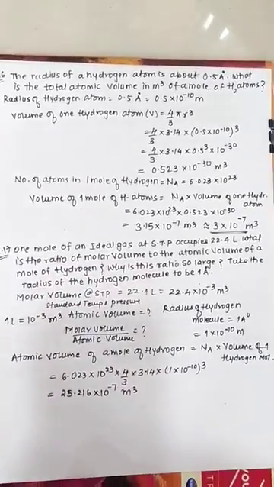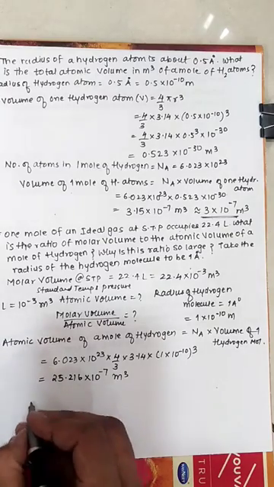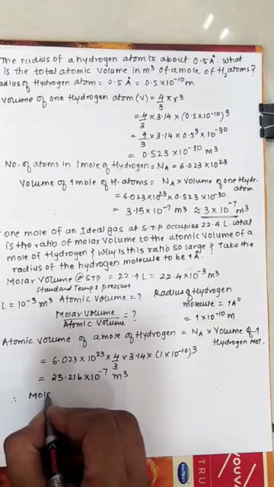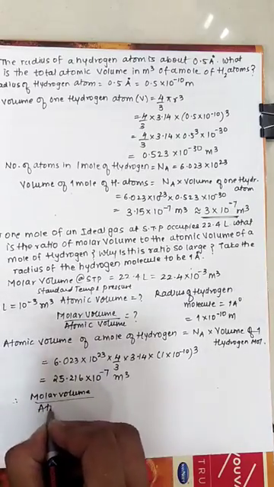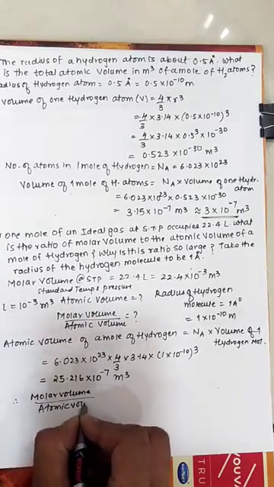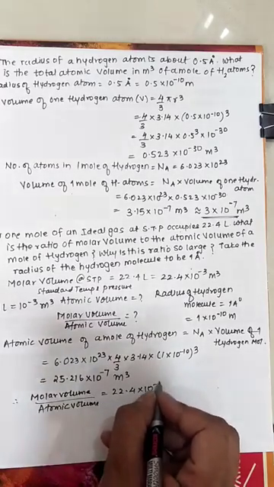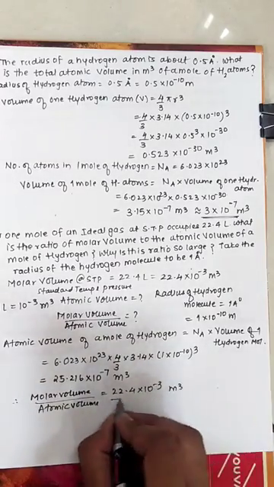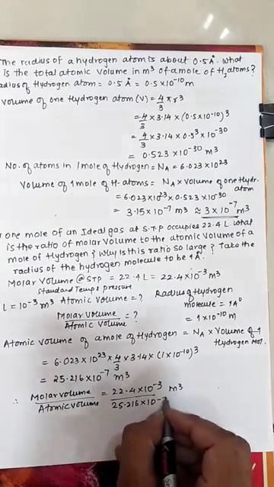Now we have to take the ratio for the same. Molar volume divided by atomic volume is equal to, molar volume is 22.4 liters converted into meter cube, divided by 25.216 into 10 power minus 7 meter cube.